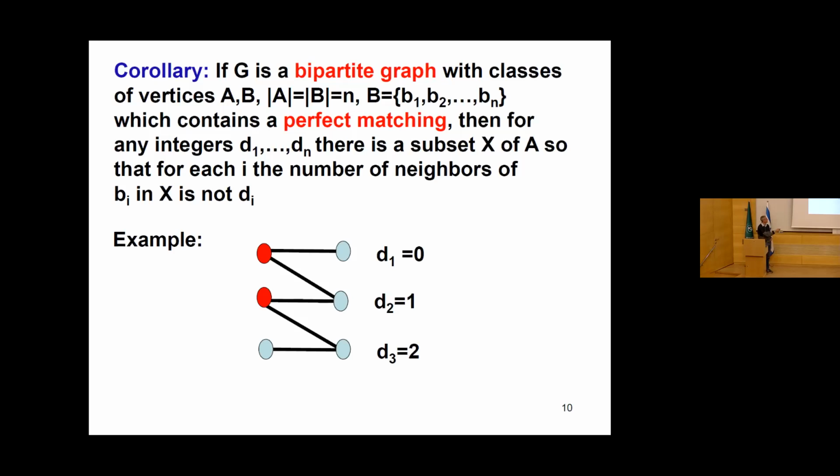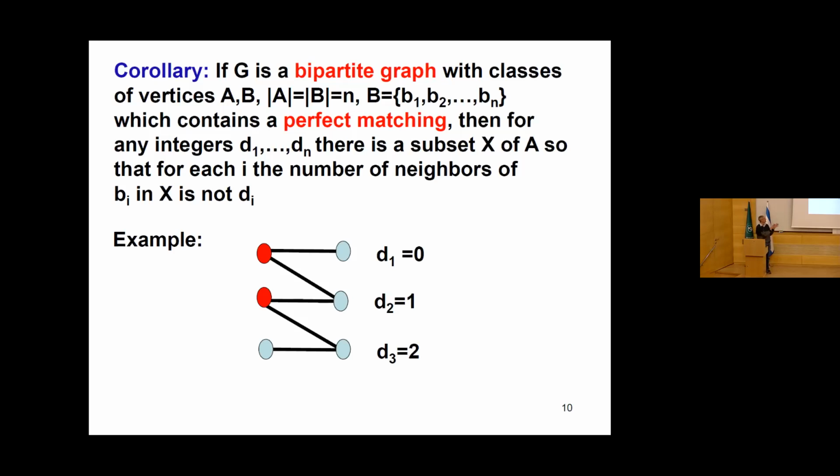We wanted this degree, the red degree, to be non-zero, so we have to choose this. Then we wanted this degree to be different than 1, so we have to choose this. And then the third one is already okay, so the degree is different than 2. And the claim is that we can always do it.